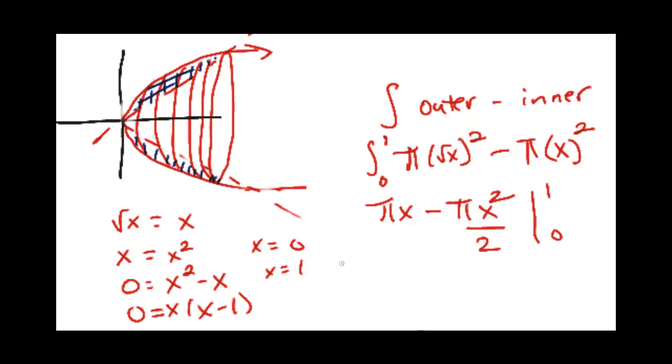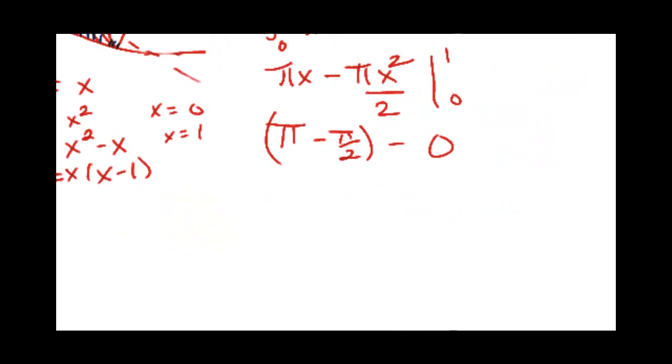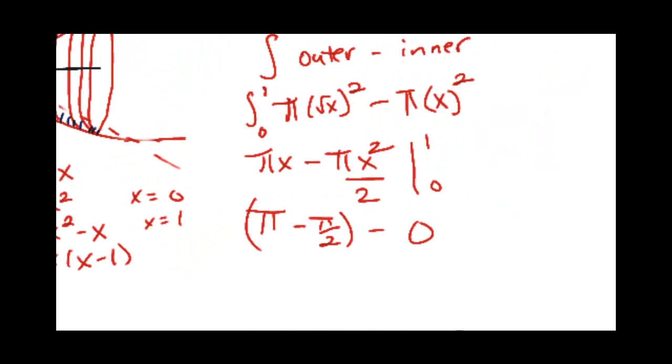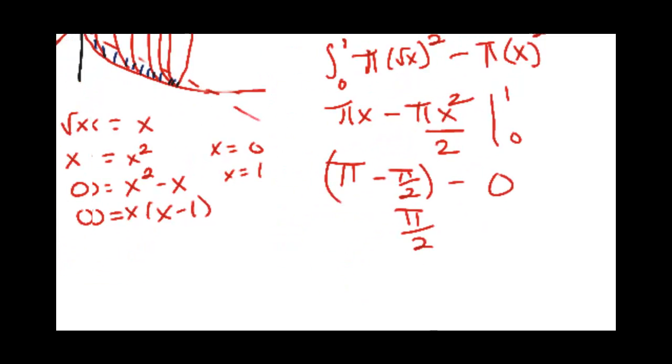When I do that, I get pi minus pi halves, and then minus 0. So pi minus pi halves is just pi halves, and that will be the volume of that region. I hope that has clarified any confusion about the x-axis ones.